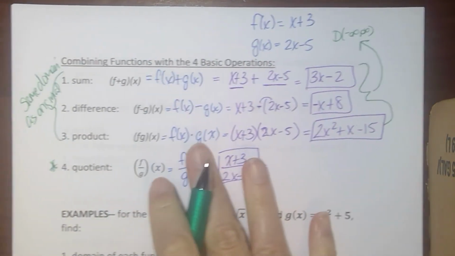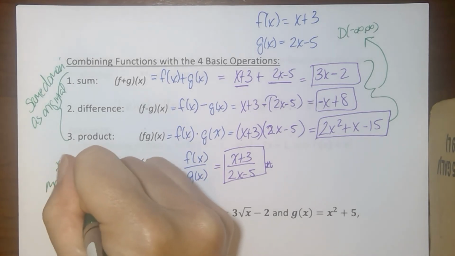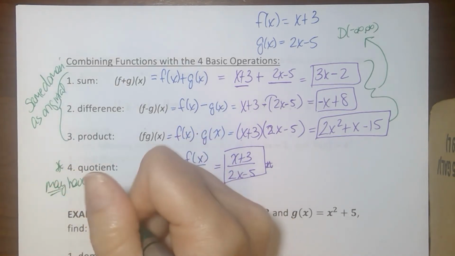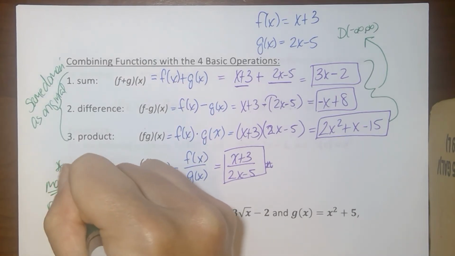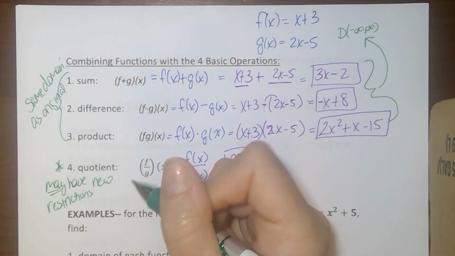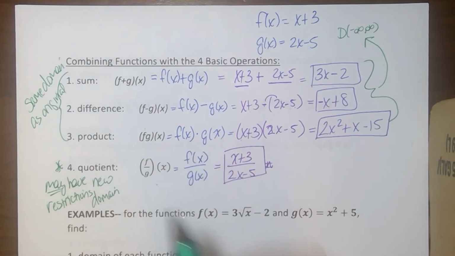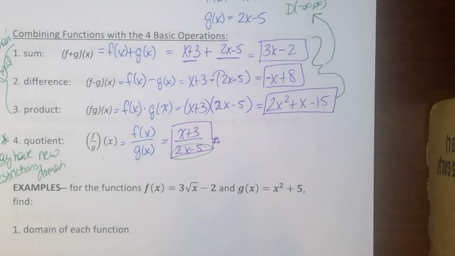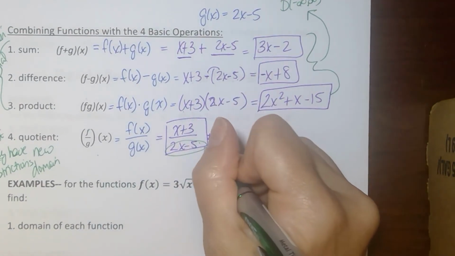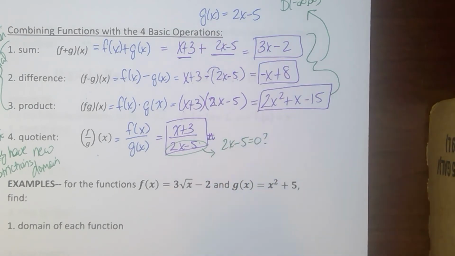However, when I find a quotient, I may, not always, but I may have new restrictions on the domain. So anytime I find a quotient, when I combine two functions using division, I need to check my domain for that quotient. Well, I have a denominator here with an x, so I need to see what would cause that to be 0. That value has to be excluded from the domain.